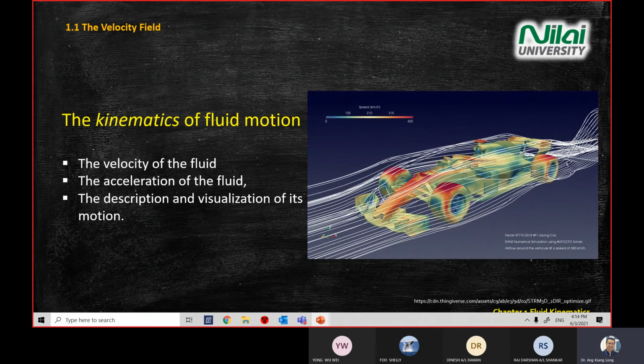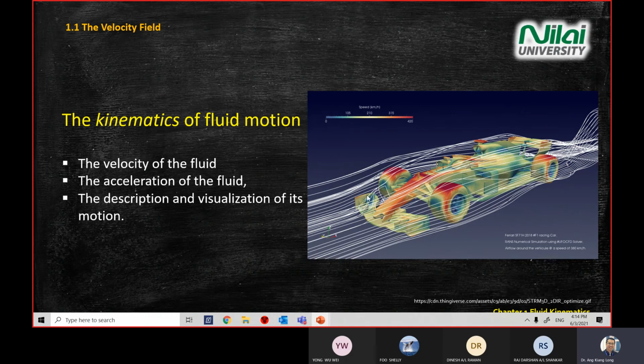Kinematics of fluid motion. There are 3 points that you need to remember. When we talk about kinematics, like what you see on the screen here, there is modeling done using simulation software.